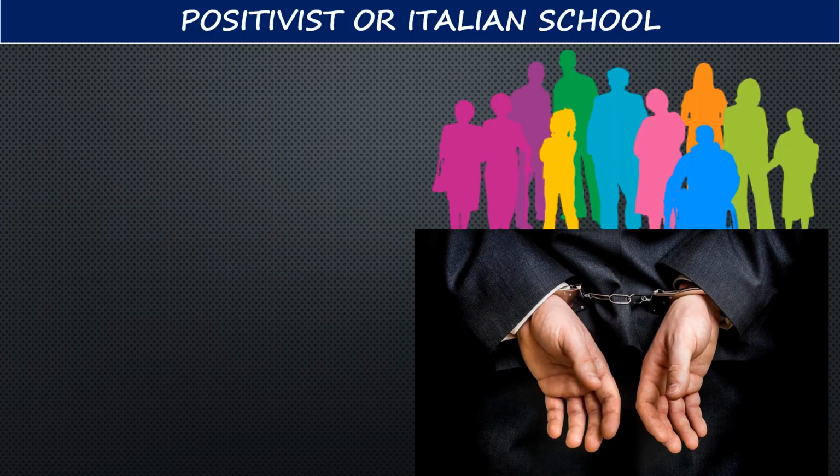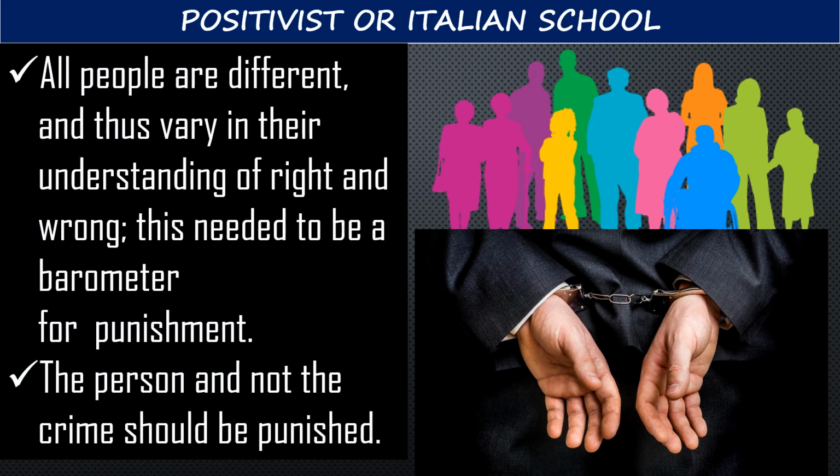Now we have the positive school or the Italian school of criminology. In the positive school, all people are different and thus vary in their understanding of right and wrong, and it should be the barometer for punishment. So it's more or less similar to the neoclassical, the distinctions of people.